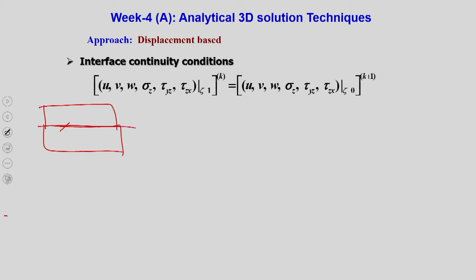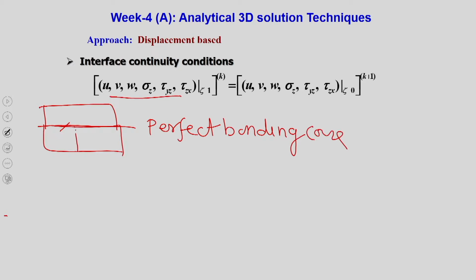So, this is for a perfect bonding case. The following variables obtained from this and obtained from that should match. I have written it in terms of non-dimensional parameters.